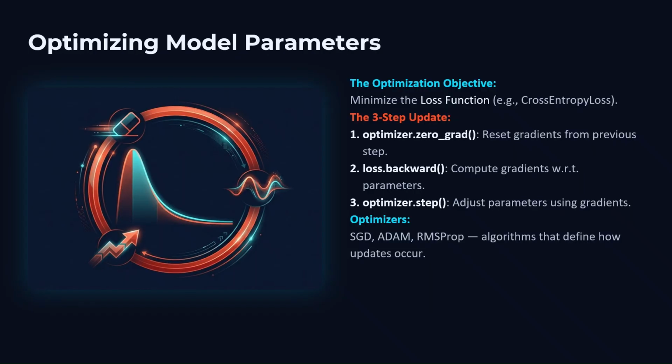So this is a more in-depth slide of the previous slide. In order to minimize our loss error or our loss function, there is a three-step update. We're using cross entropy loss because this would be logistic regression. What we'll do first is zero all of our gradients. We want to make sure that we start off with a clean slate. Any previous gradients have already been applied, so we need to zero those out.